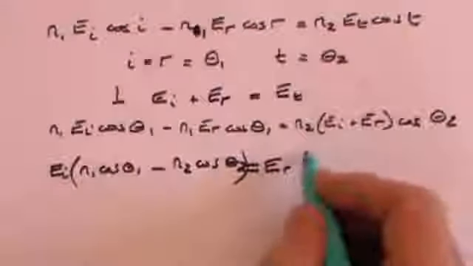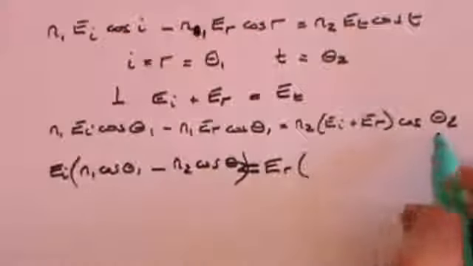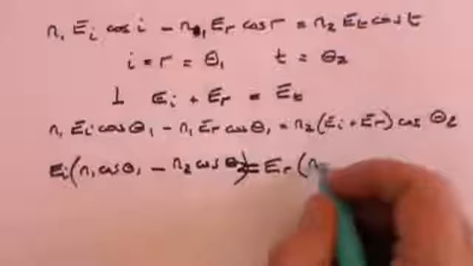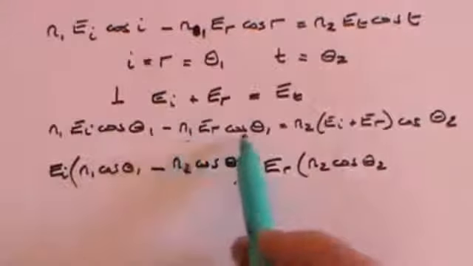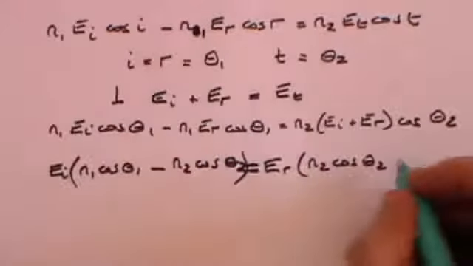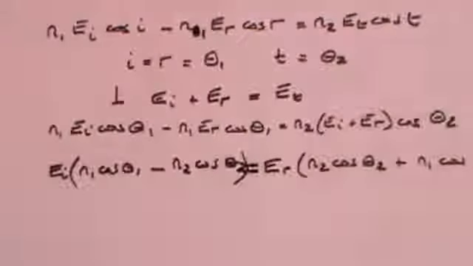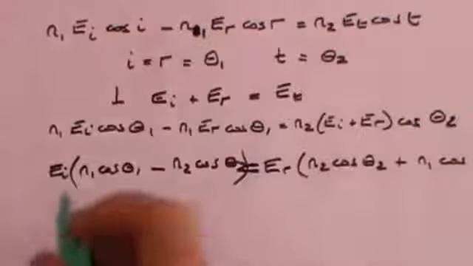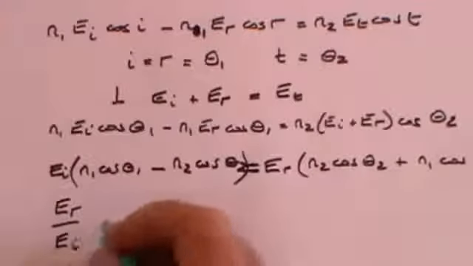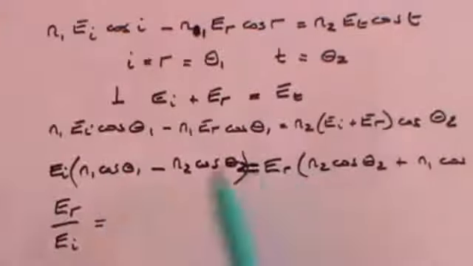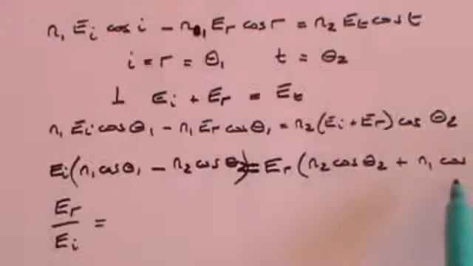And that equals the E_R terms. On this side we've got n2 cos theta 2. And on this side we've got a minus n1 cos theta 1, but when you bring that to the other side it becomes a plus n1 cos theta 1. And now we can say that E_R divided by E_I is equal to this term divided by this term, this in brackets divided by this in brackets.